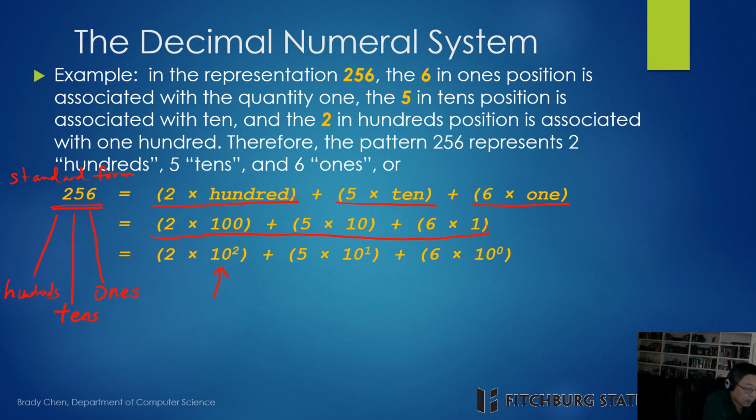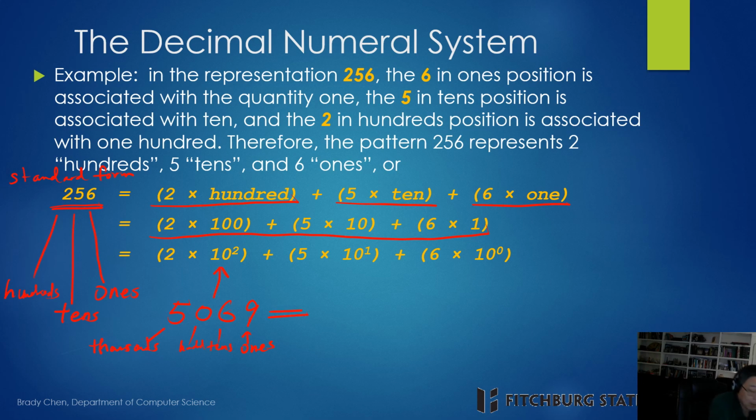Let's take a look at another example. Let's say it's 5069. In this case, this is the ones position, this is the tens position, and this is the hundreds position, and this is called the thousands position.